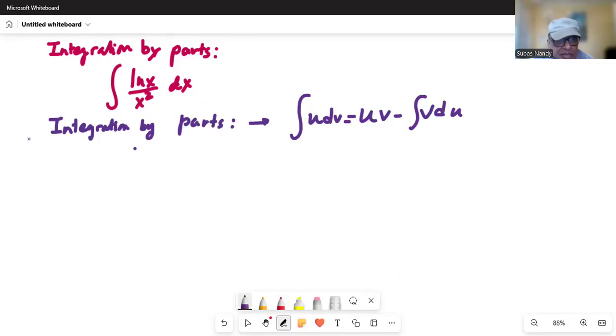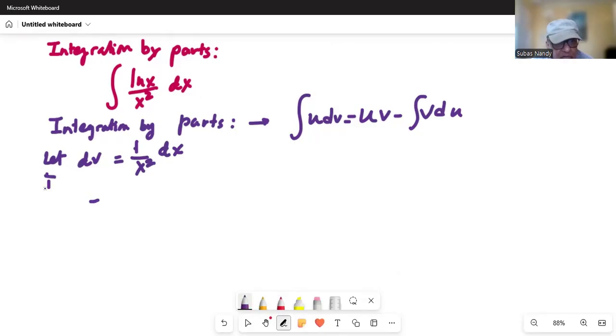So let dv be equal to 1 over x squared dx, with the derivative term dx in it. From which I can integrate both sides.